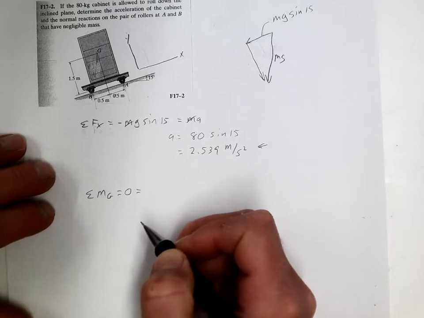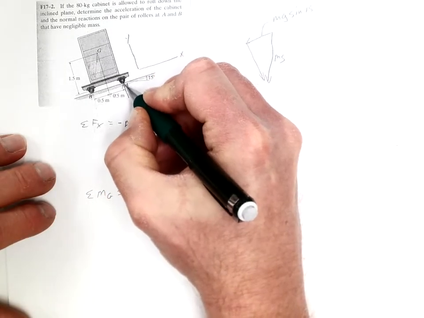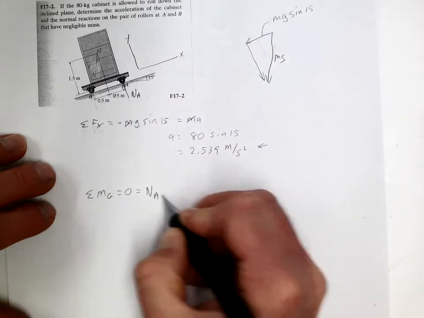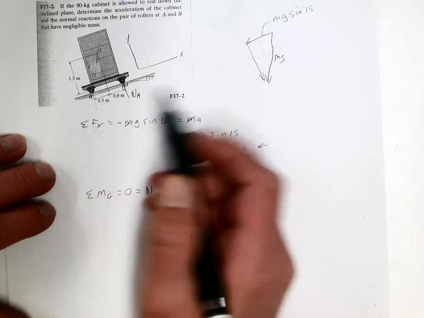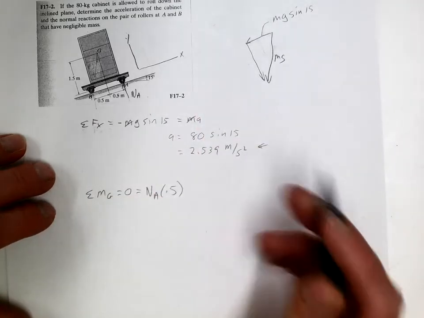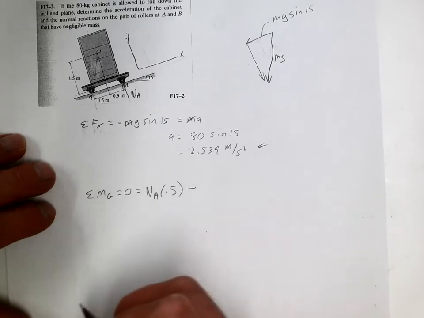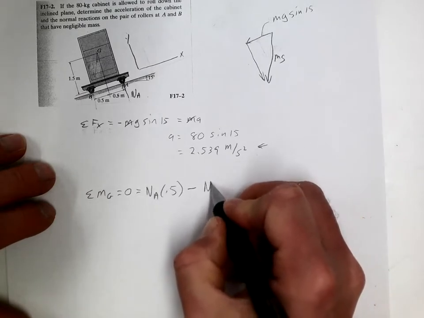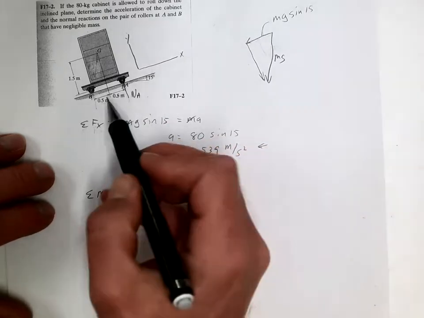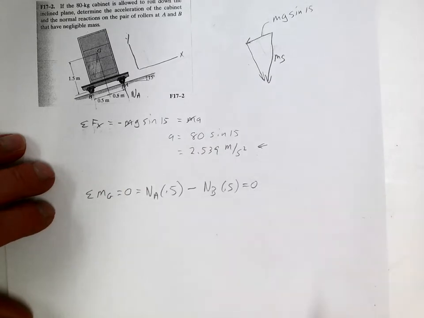And so we have the normal at A times 0.5, and that is causing a positive rotation, minus the normal at B, which also has a distance of 0.5, and that will be equal to 0 again.